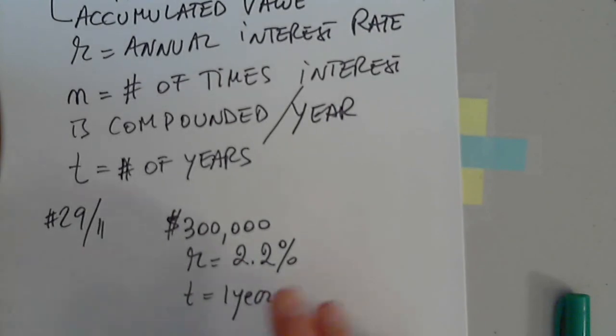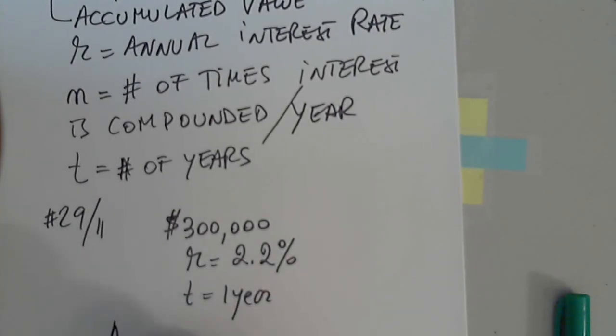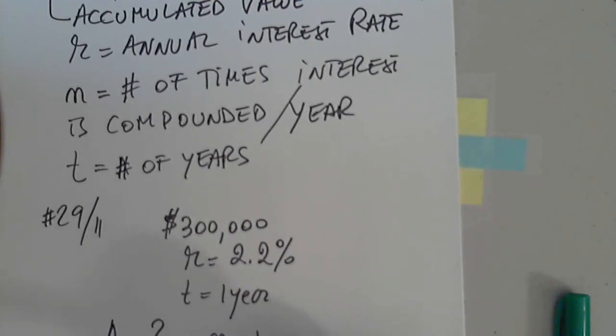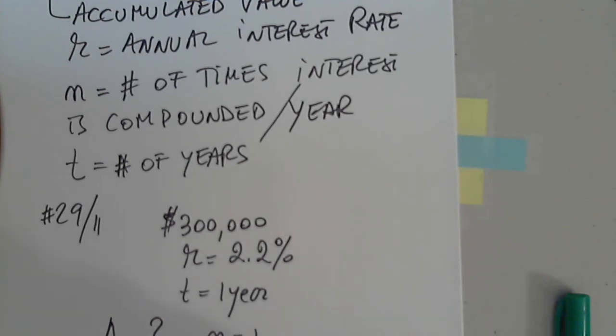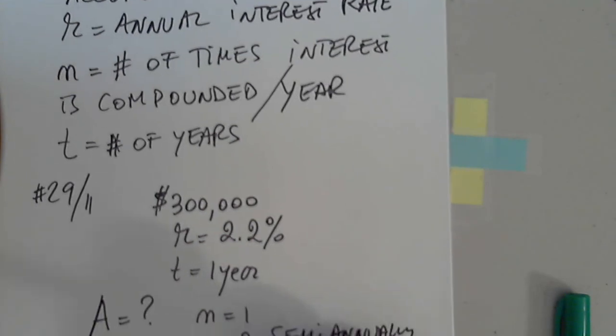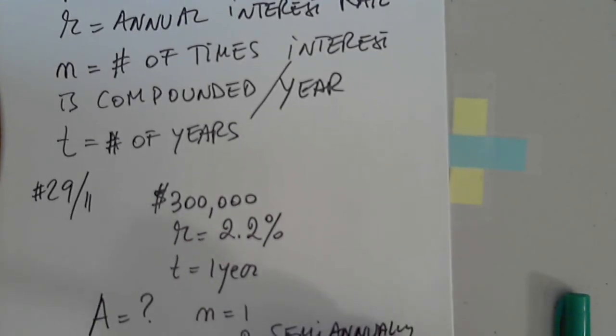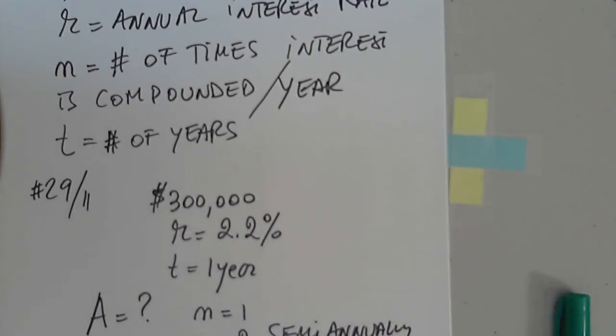They want us to calculate the accumulated value when n, the number of times we compound the interest, is 1, annually, semi-annually, quarterly, there are 4 quarters, and so on and so forth.